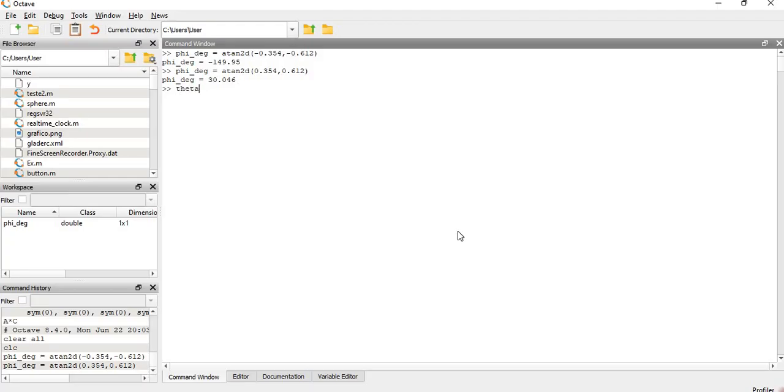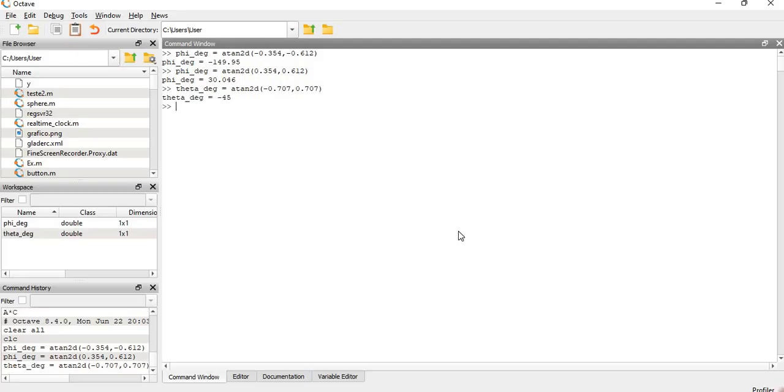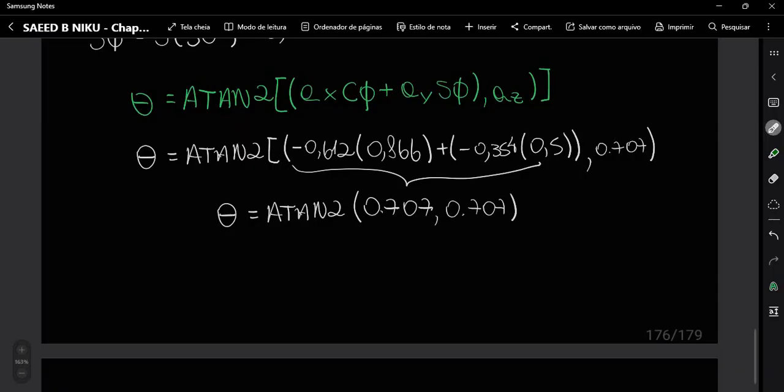Now theta in degrees is equal to atan2 of minus 0.707 and 0.707, and we got minus 45 degrees, minus 45 degrees. Nice, that is correct also.